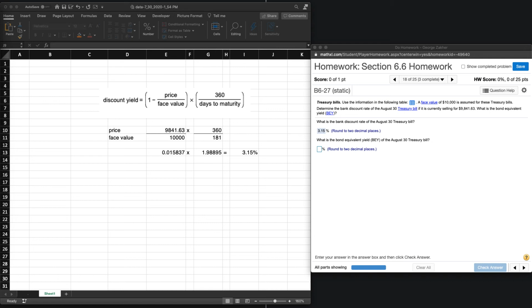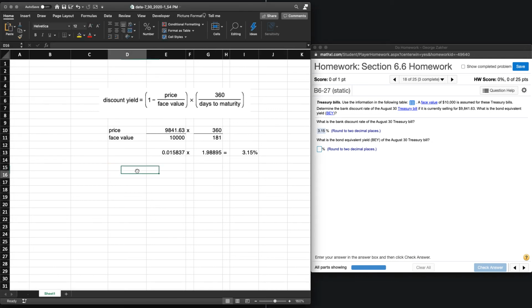So step 2, our next equation that will give us our bond equivalent yield, pardon me. Very similar to APR that we calculated previously. Okay, so in this case, we're simply going to use 365.